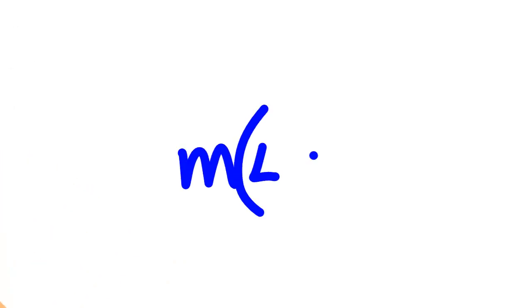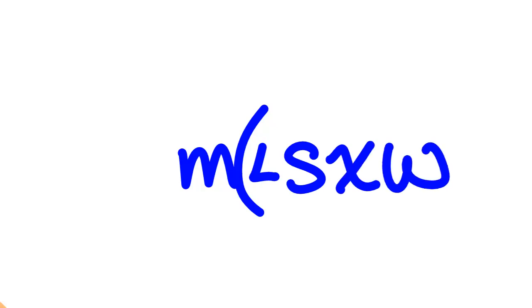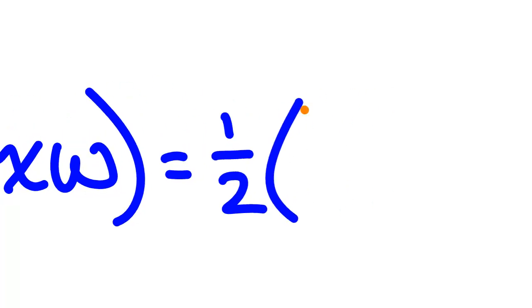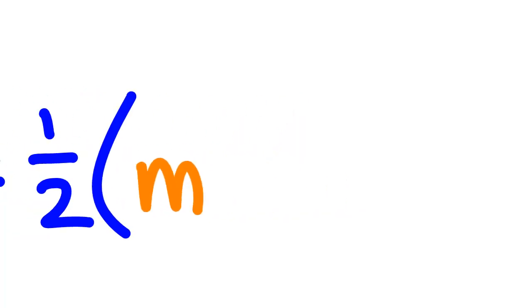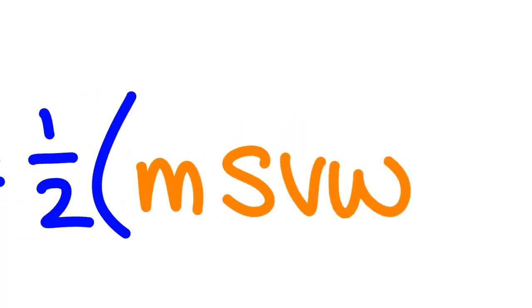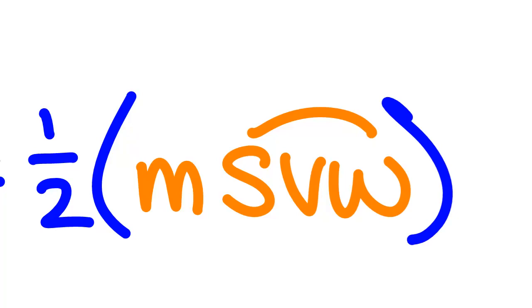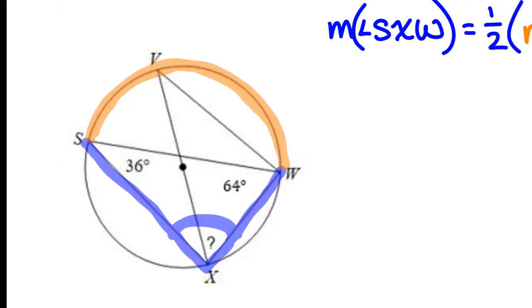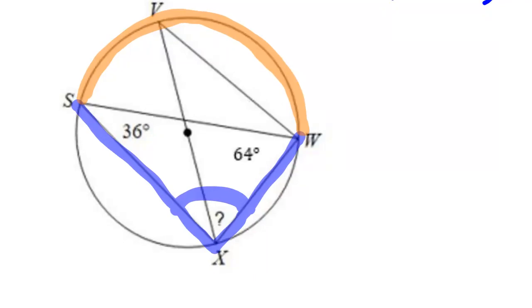So the measure of angle SXW is equal to half the measure of arc SVW. So we're going to have to figure out how big arc SVW is. Let's look at the information that they've given us to work with.